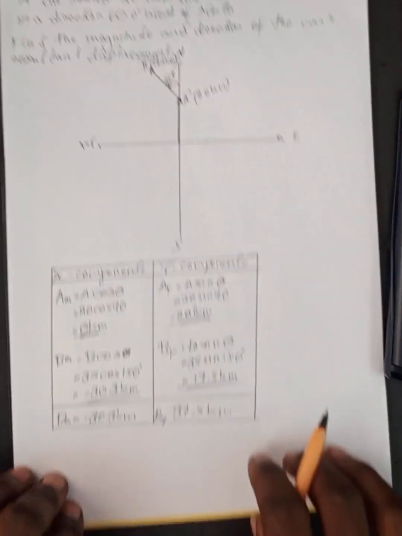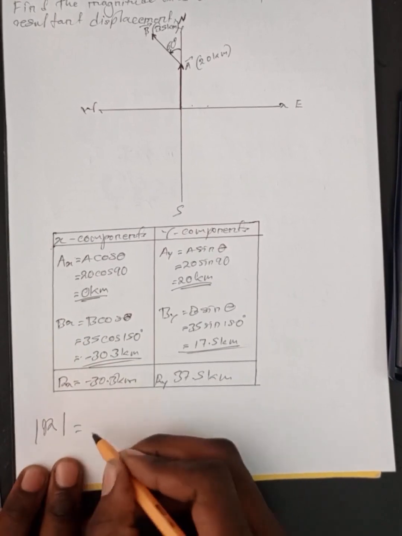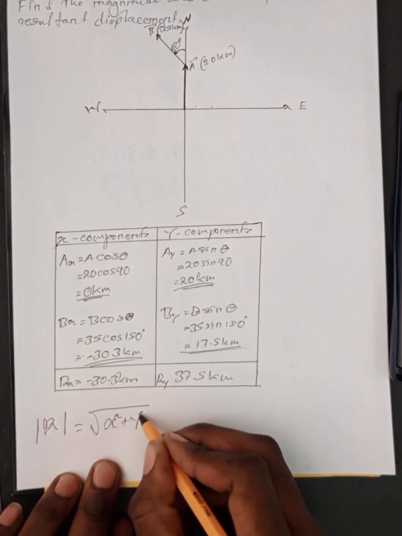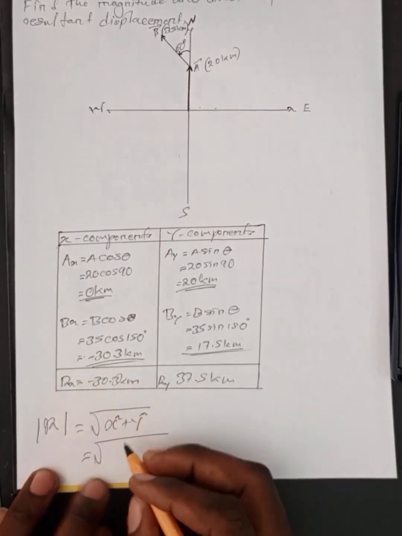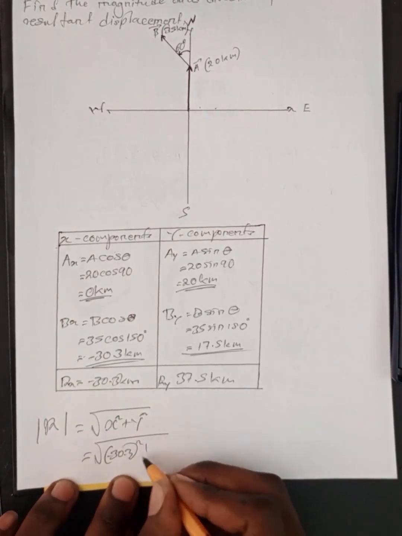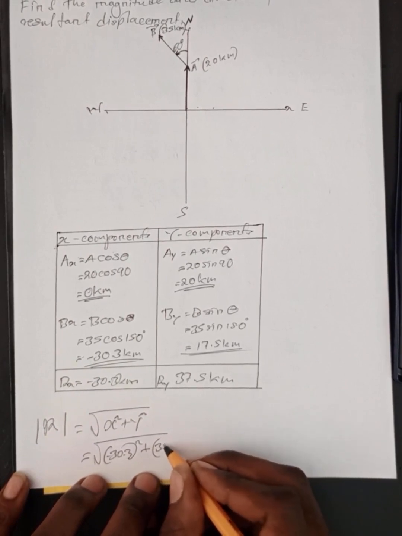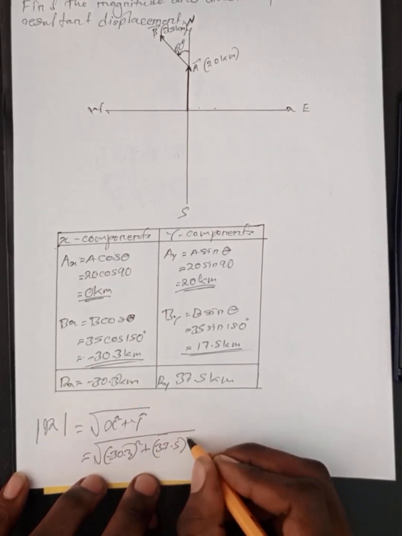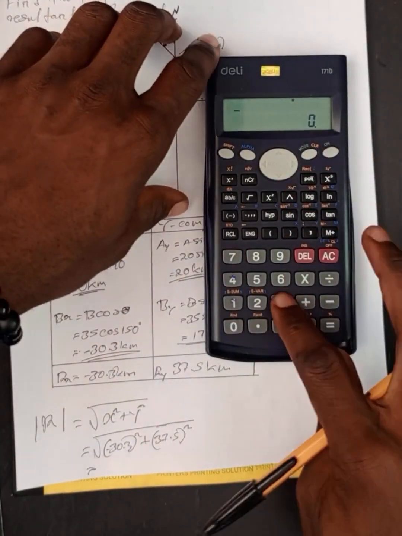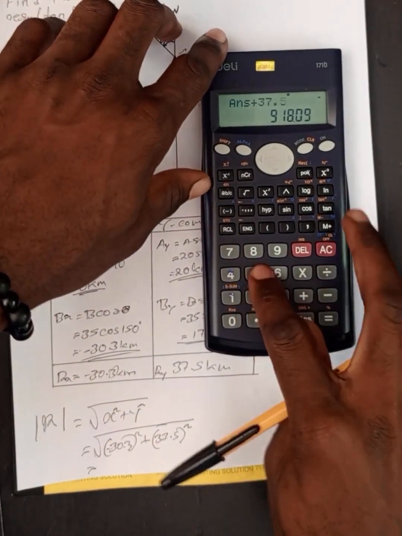Then from there, you need to calculate the magnitude. Magnitude is written like this, using the Pythagoras theorem formula. So we have negative 30.3 squared plus 37.5 squared.